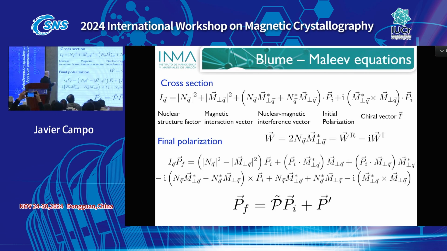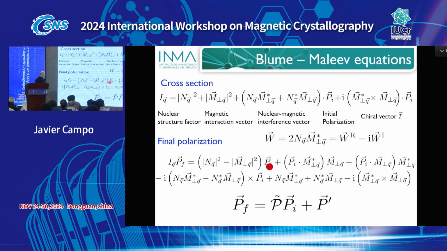Okay, and then the final polarization of the beam multiplied by the intensity. You can divide if you want, but many times you will see it like this. It is the initial polarization multiplying the difference between the modulus squared of the nuclear structure factor and the magnetic interaction vector.